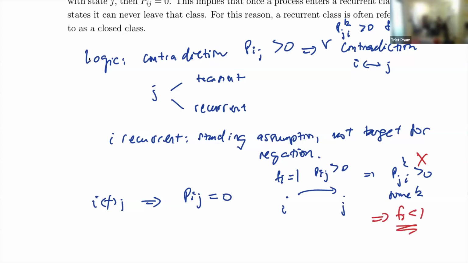what are we saying in terms of statement, probabilistically? That the probability of returning to state I is not 100%, or there is a possibility of never returning to I, correct?